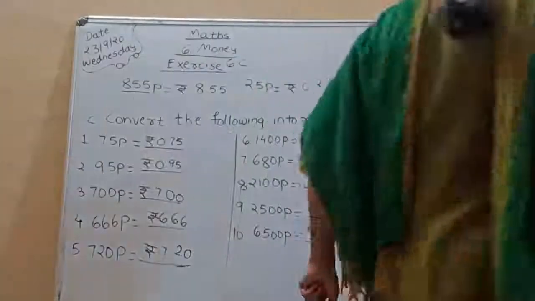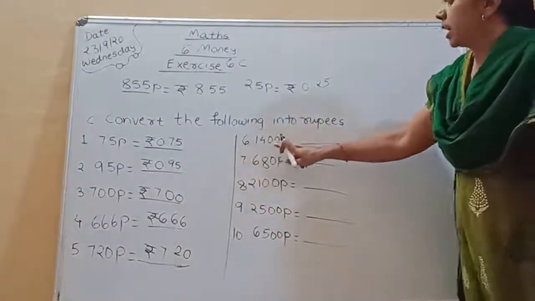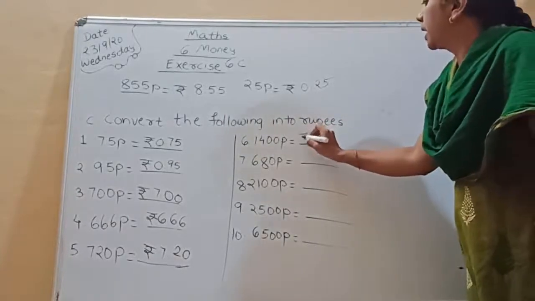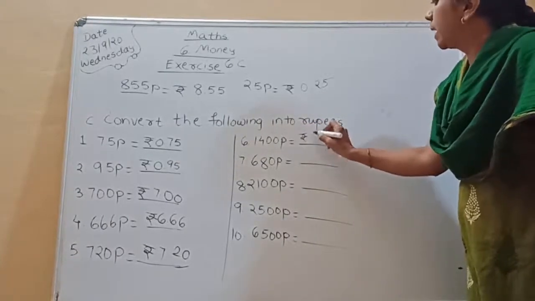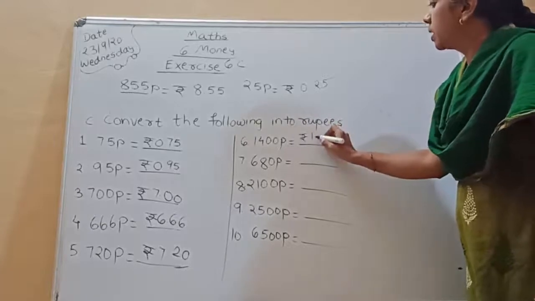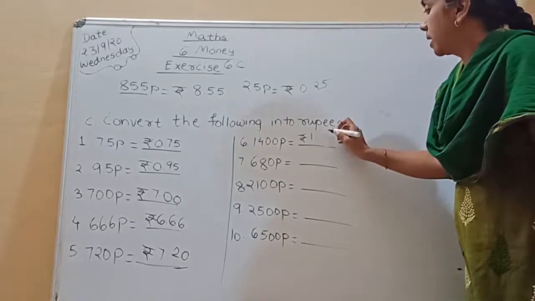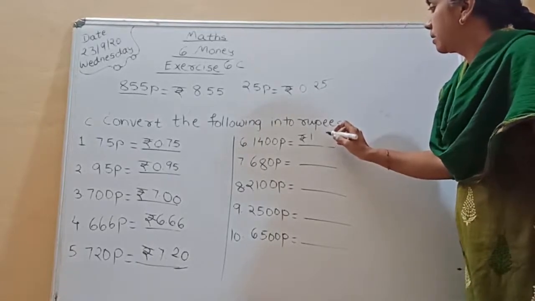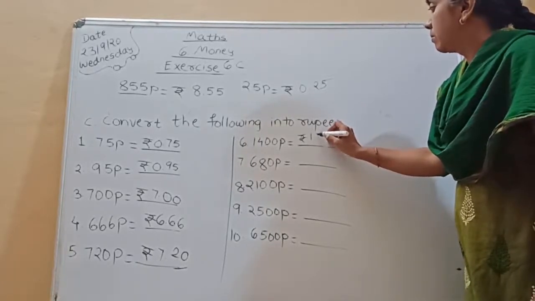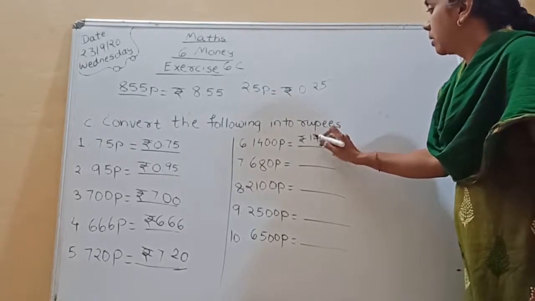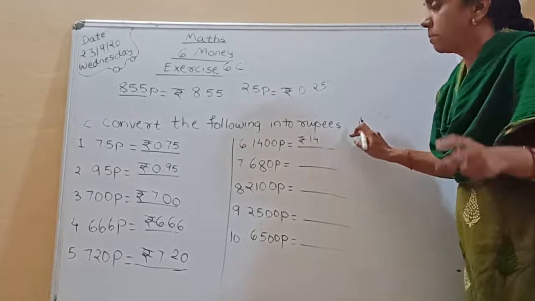Then see sixth example, 1400 paise. Then you can write here rupees, then write down 1, then give a small dot there... no, stop.